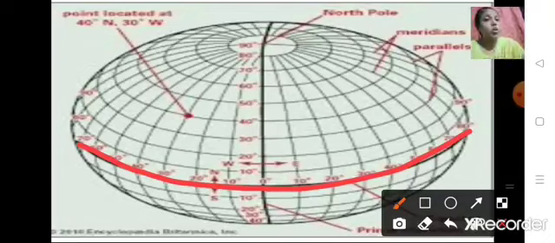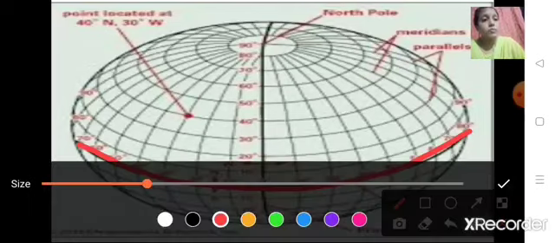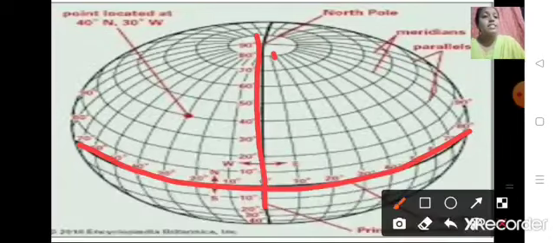Similarly, for longitudes, this line is the center, and therefore this line passes through the Greenwich near London, and that's the reason the name of this line is given as Greenwich meridian or prime meridian.